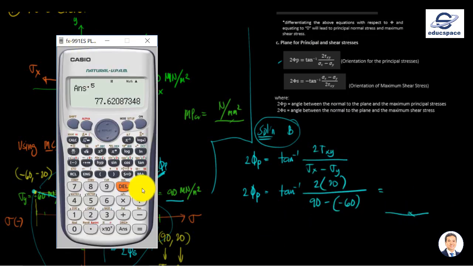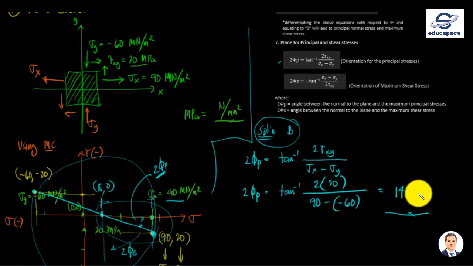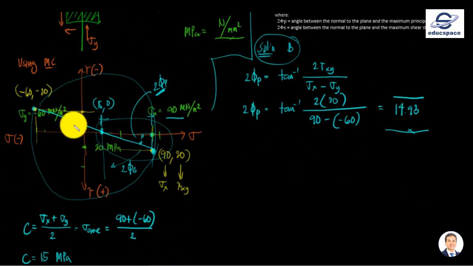Alright, so meron tayong shift tangent, and then we have 2 multiplied by 20 over 90 plus, okay, negative multiplied by negative is plus 60. And then, equal sign, 14.93. So, this means that itong principal axis is lying 14.93. Take note, this one is degree and then positive. Okay, in order to make this principal line doon sa horizontal, we have to rotate this maximum principal stress by 14.93 in order to be in the same line ng ating principal stress or yung ating x-axis.